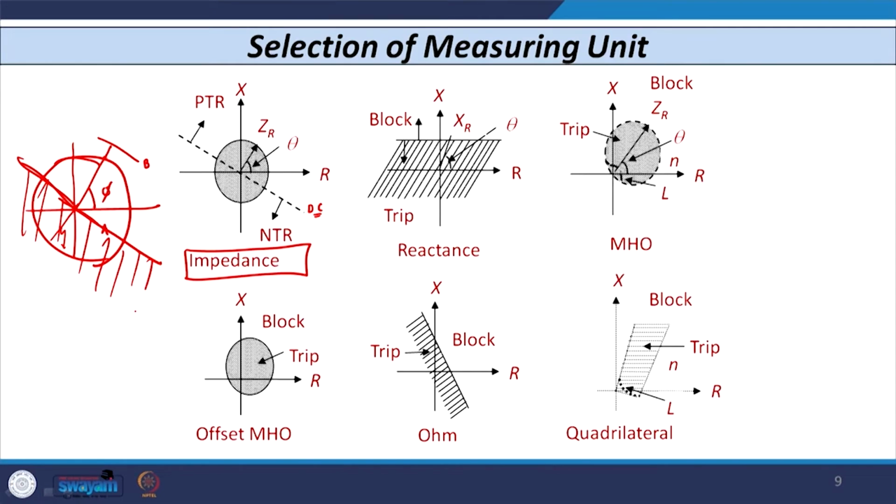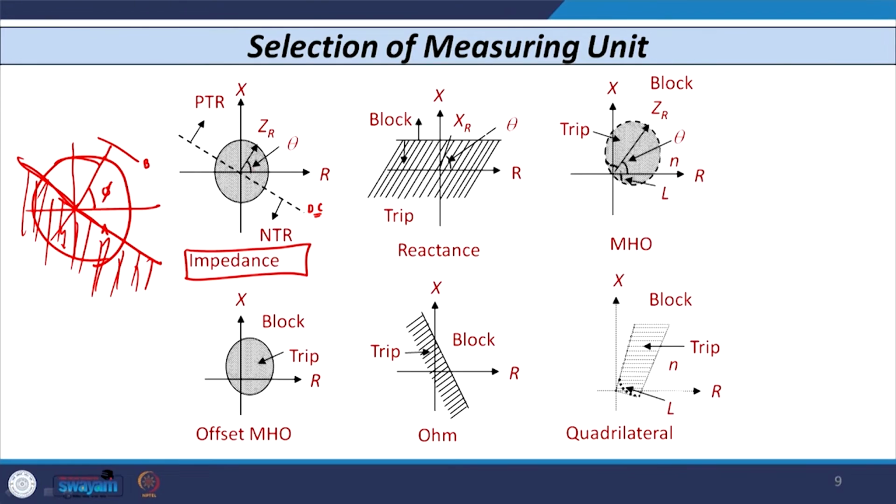Now, you can also see here on the impedance characteristic, any value above on this side is a positive torque region, that is PTR, and any value below this characteristic is the negative torque region, and you have the angle theta.